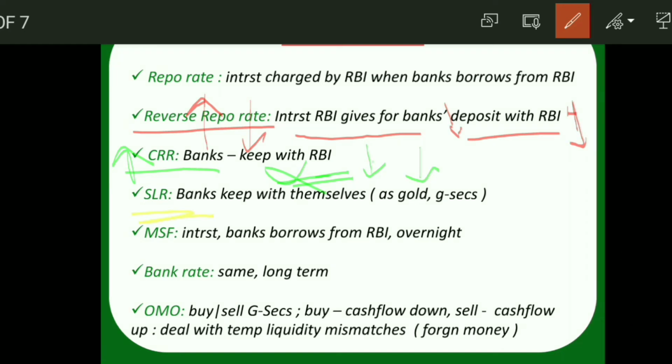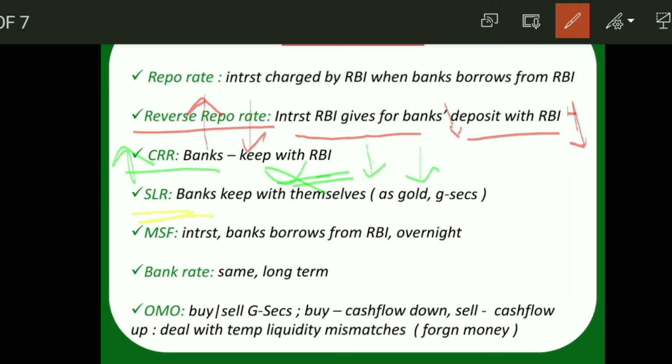The next one is SLR, which means statutory liquidity ratio. This is the percentage of NDTL, net demand and time liabilities of banks, that is to be kept with themselves. CRR means the cash to be kept with RBI. Here, the money is to be kept with themselves, to meet the withdrawals and the urgent need of cash.